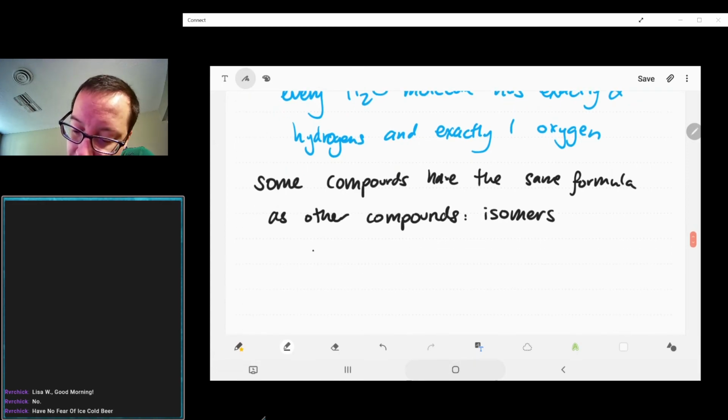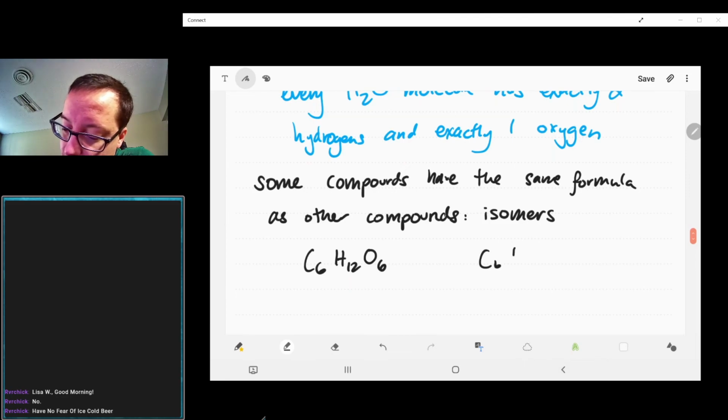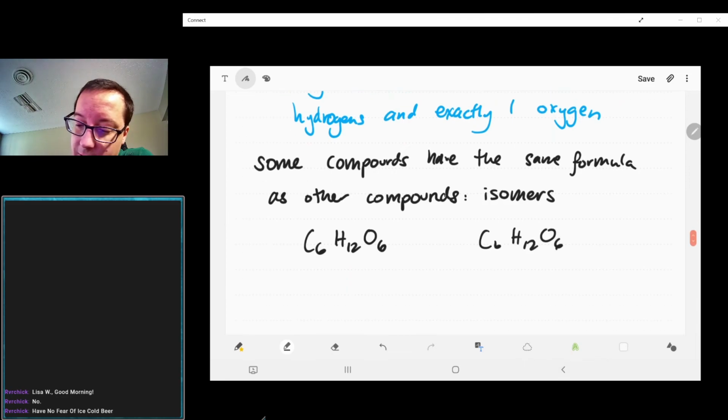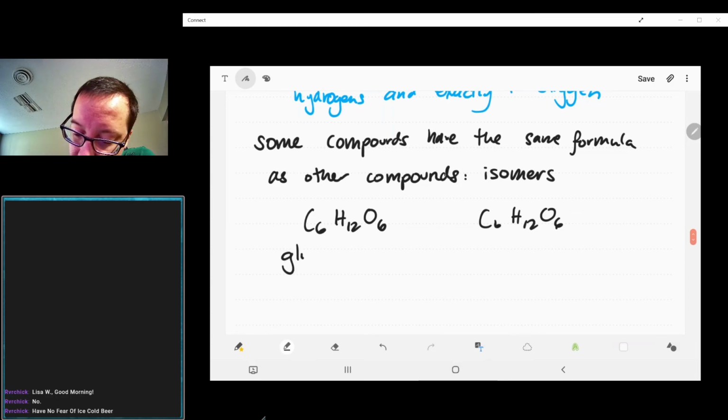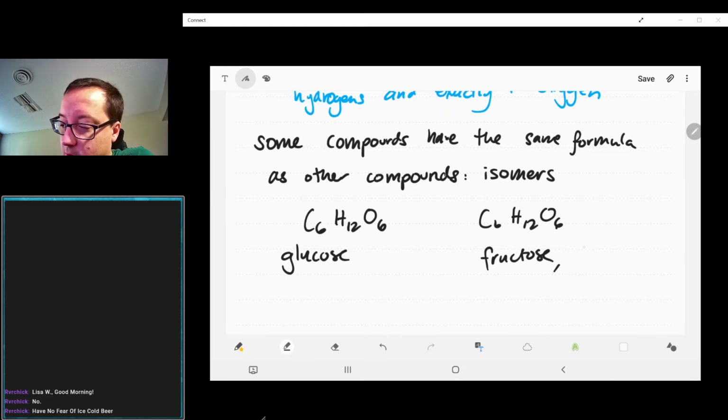For example, this is glucose, and this could be fructose, or it could be galactose, or idose.